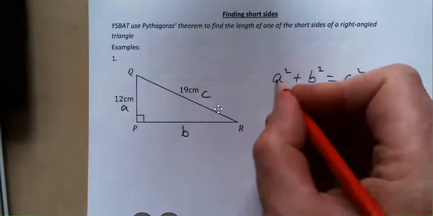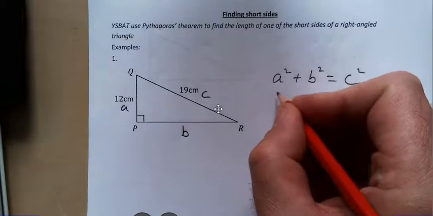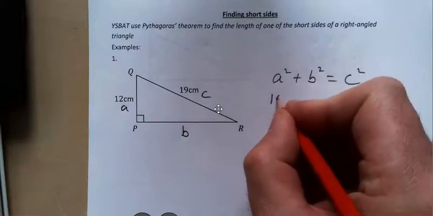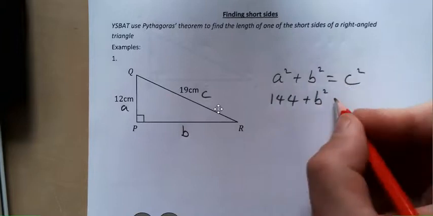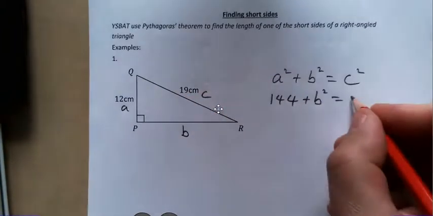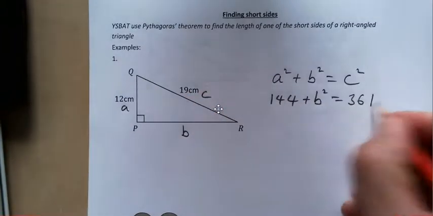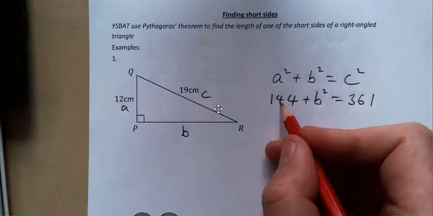A is 12, so 12 squared is 144, plus B squared equals 19 squared, which is 361. And for this one then we're going to have to subtract this from this.